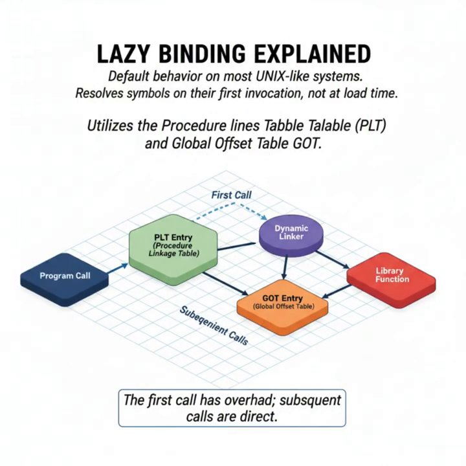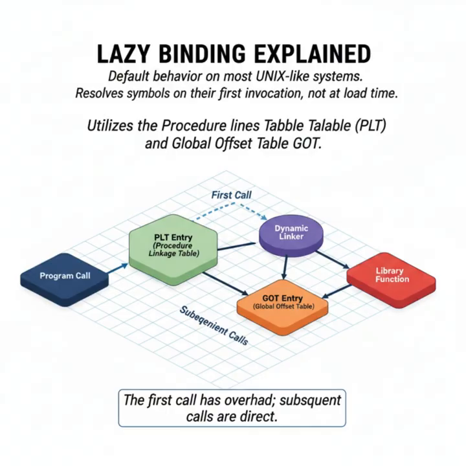Lazy binding is the default behavior on most Unix-like systems for a reason. It prioritizes fast startup. With lazy binding, the dynamic linker doesn't resolve a function's address until the very first time it is called. This is cleverly managed through two structures, the Procedure Linkage Table, or PLT, and the Global Offset Table, or GOT.